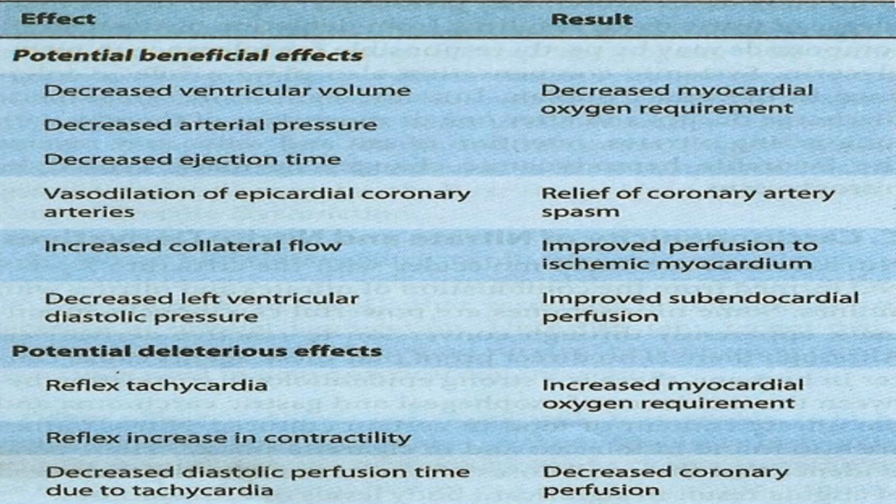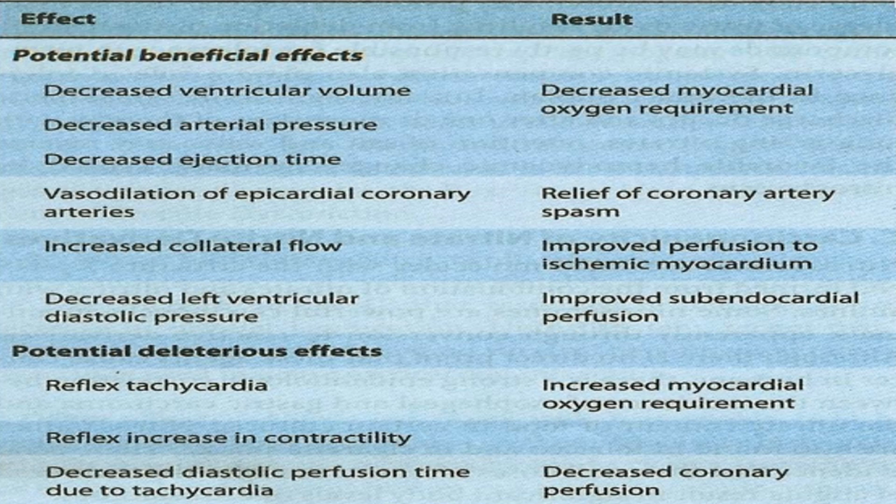This is the table from the Katzung as well, and it reads the potential beneficial effects and the potential deleterious effects of the nitrates. By decreasing the ventricular volume, arterial pressure, and ejection time, what are we decreasing? We are decreasing myocardial oxygen requirement.